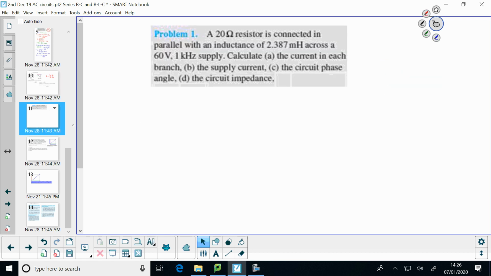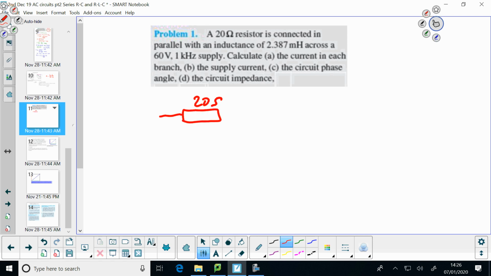I'll move on. So, example. A 20 ohm resistor connected in parallel with an inductance of 2.387 millihenries.